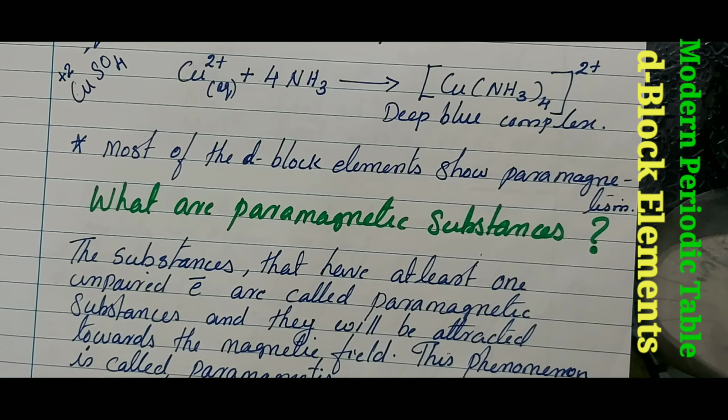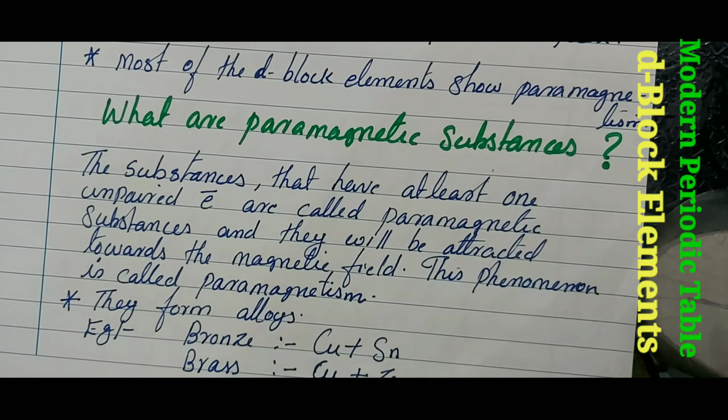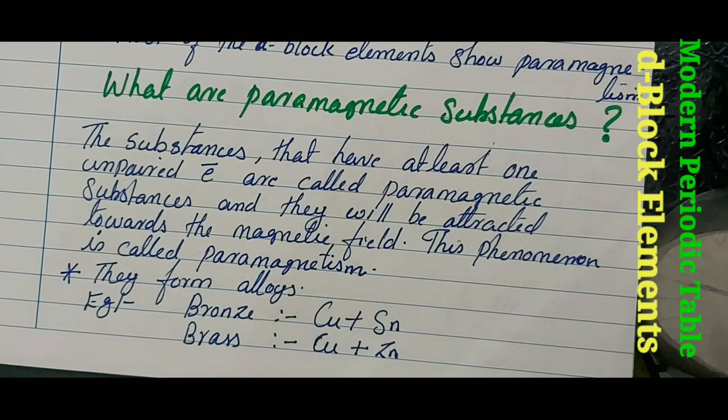And what is the effect of that unpaired electron? These kinds of substances, if you keep them in a magnetic field, will be weakly attracted by the magnetic field. And the phenomenon is called paramagnetism.